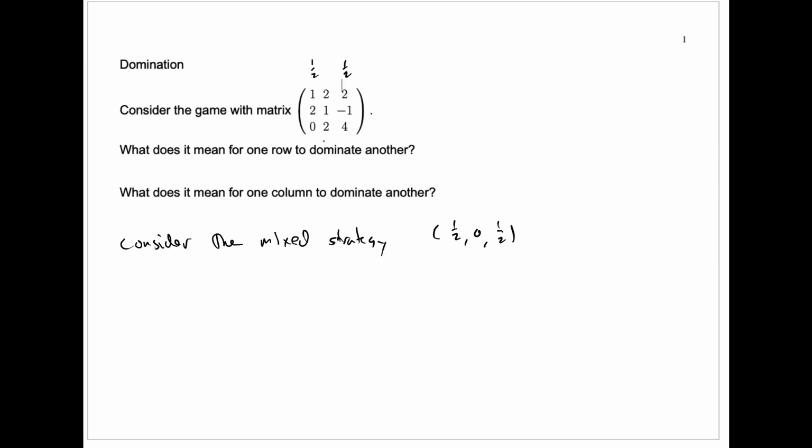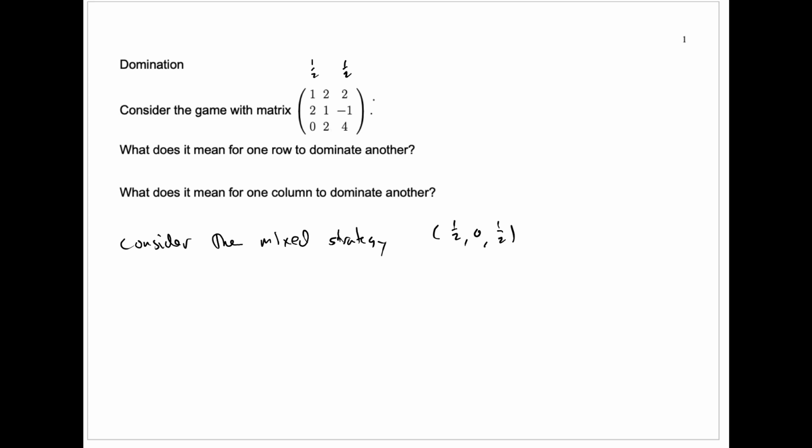What does that mean? Well, you can see that 1/2 times the 1 plus 1/2 times the 2 is 3/2. That's certainly less than 2. The 2 and the -1 here, you take the average of those, 1/2 times 2 plus 1/2 times -1, you get 1/2, which is less than the 1. And 1/2 times 0 plus 1/2 times 4 is actually equal to 2.